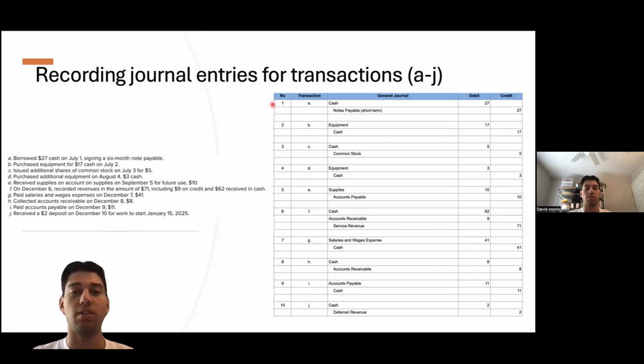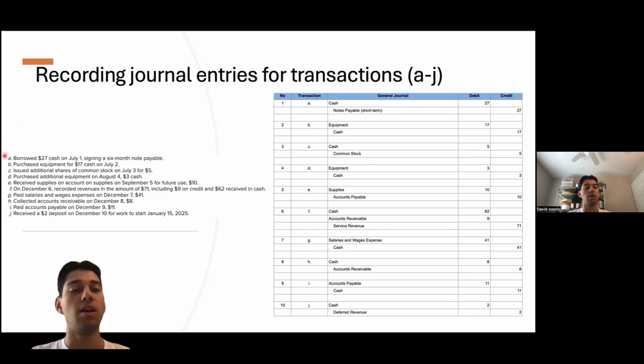So we have over here a debit to cash of $27. And since it was a 6-month note payable, we're going to credit. Notes payable is a liability, on the right side of the equation, and we increase that account by crediting the account. So we credit notes payable short term since it's less than 1 year. And we debit cash, credit notes payable for $27.